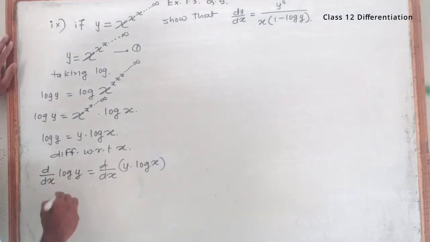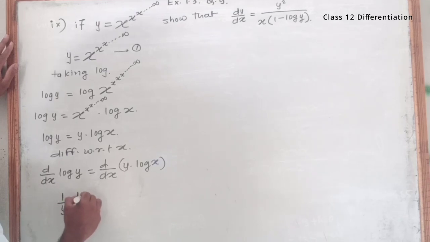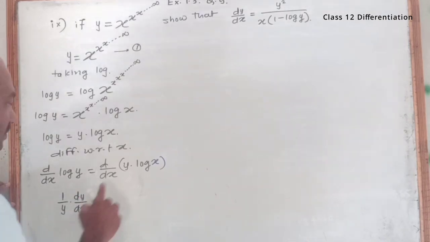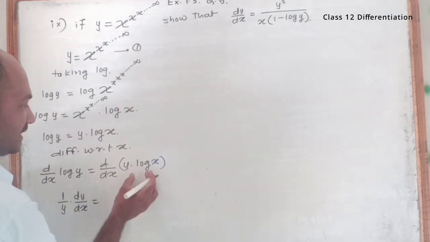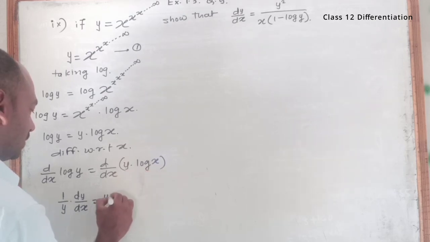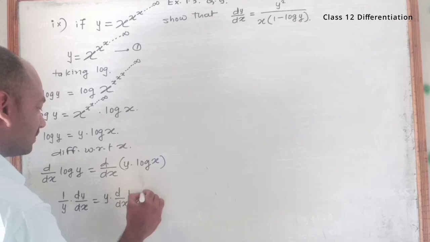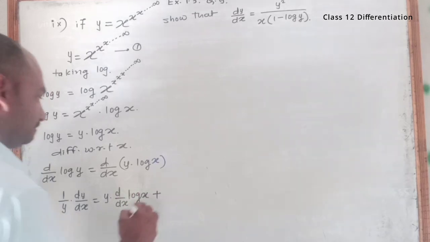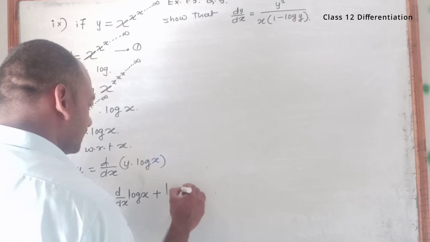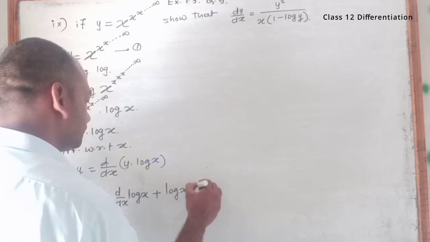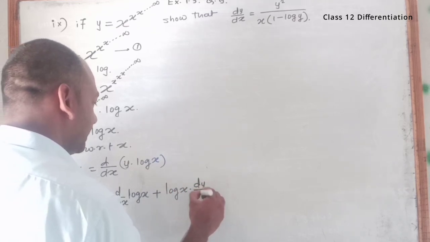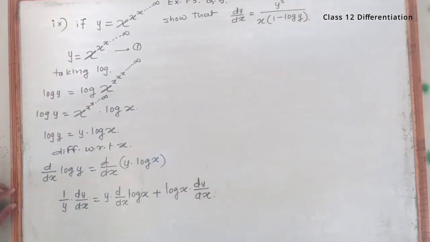So the derivative of log y is 1 upon y into dy upon dx, which is equal to, by the product rule, y into d by dx of log x plus log x into dy upon dx.